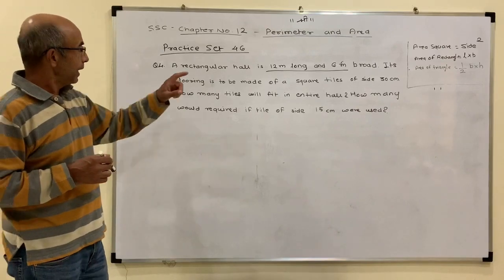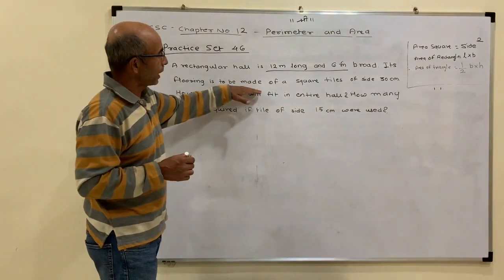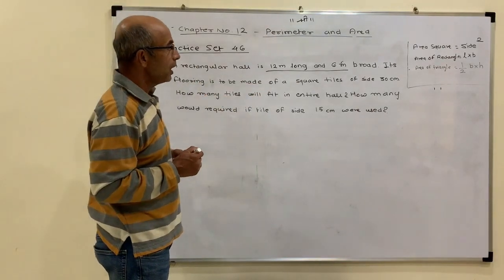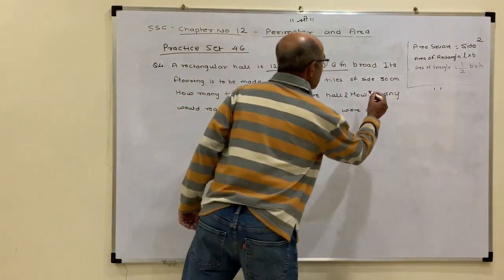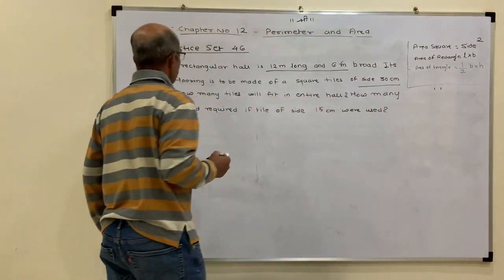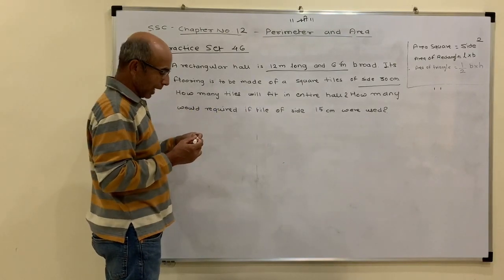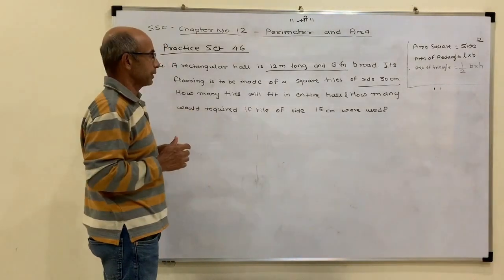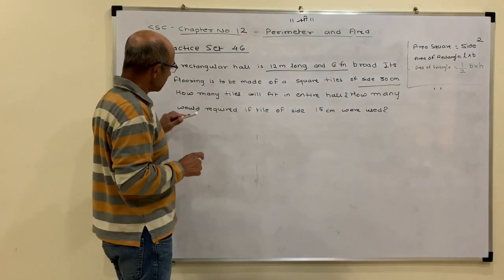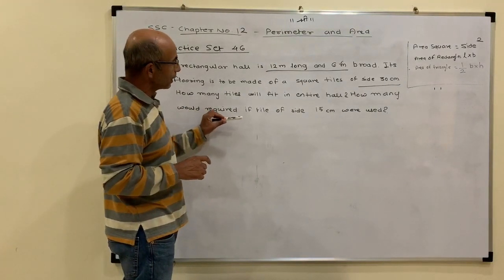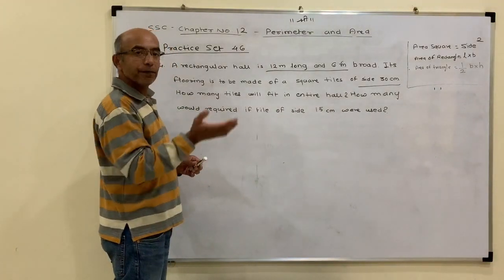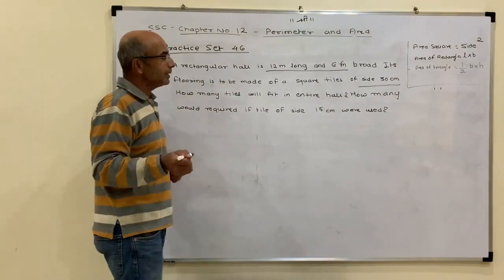Its flooring is to be made up of square tiles of size 30 centimeters. How many such tiles will fit in the entire hall? That's one part of the question. Second, how many would be required if the tile side is 15 centimeters? So this is the second question.